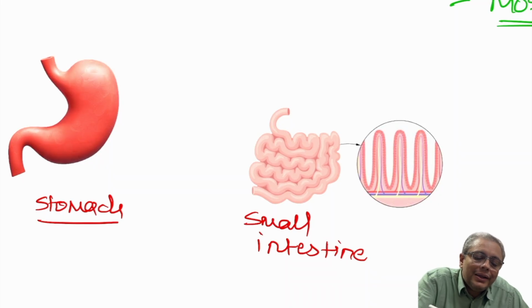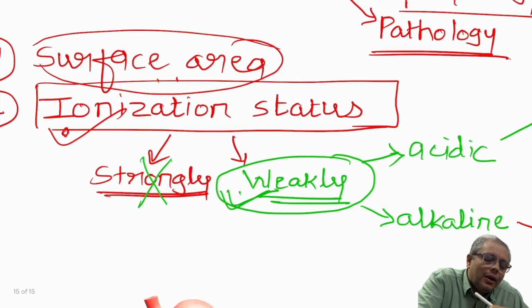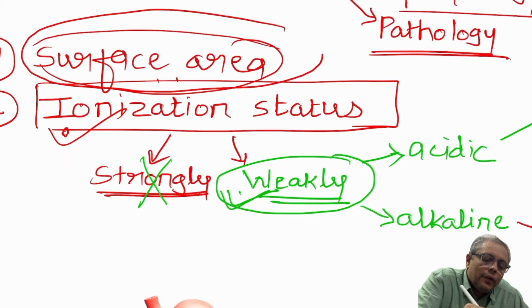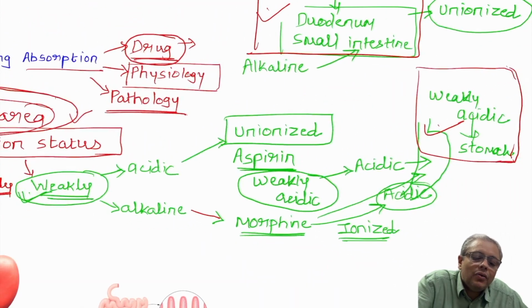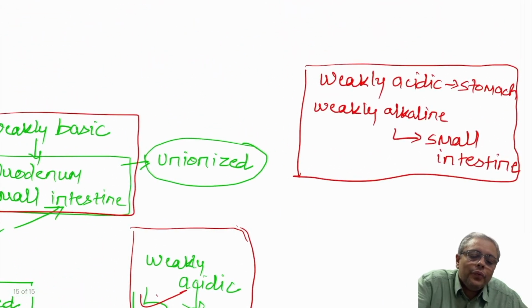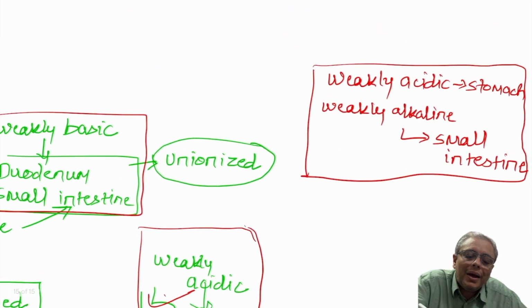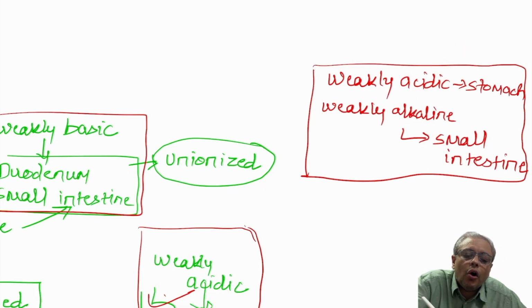And that's why this is a more predominant factor. Surface area is the more predominant factor in deciding whether the drug is absorbed from stomach or small intestine. And that's why, whether it is an acidic drug or basic drug, they are going to be absorbed from small intestine. So this theory proves wrong.